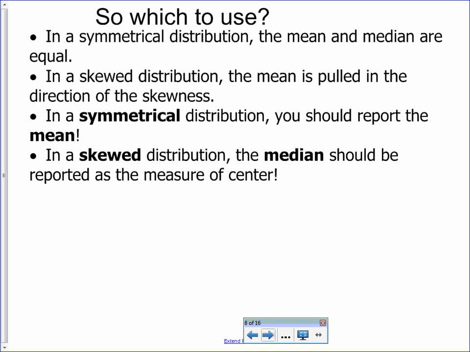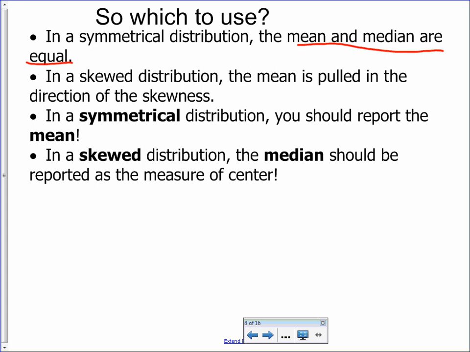So we have two measures of central tendency. So which are we going to use? The basic rule of thumb is in a symmetrical distribution, the mean and the median are the same. In a skewed distribution, the mean is pulled in the direction of the skewness.